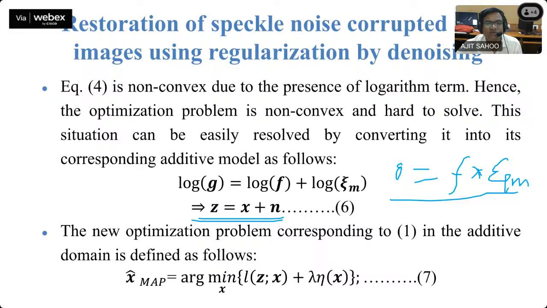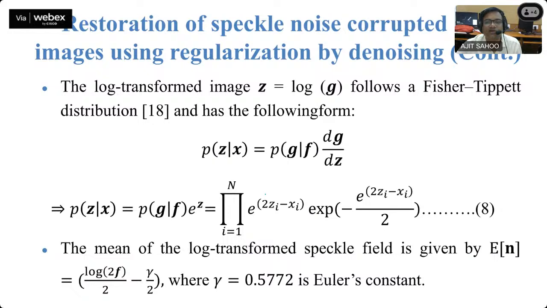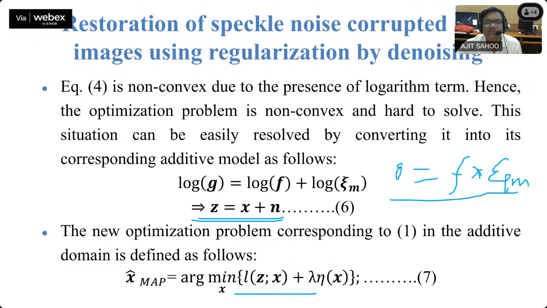So now the new optimization problem corresponding to the additive domain is LZX plus lambda into eta x. Earlier, given G, which is the measurement, you have to find out what is F. Now, when you are transforming, given Z, you find out X. Here you know the P G by F, that's okay.